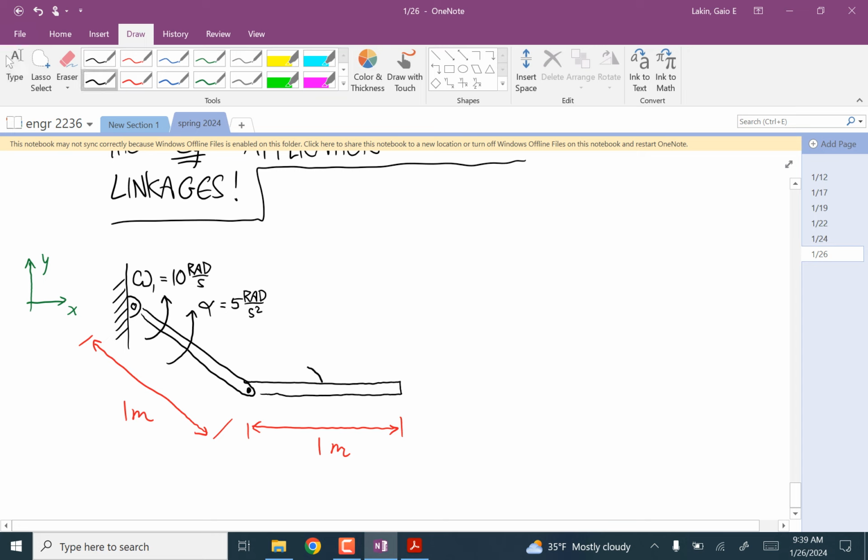And let's say that the second body has an angular velocity the opposite way of 8 radians per second, and an angular acceleration opposite the angular velocity of 20 radians per second squared. And that point P is at the end of the second body. What's the acceleration of that point P?